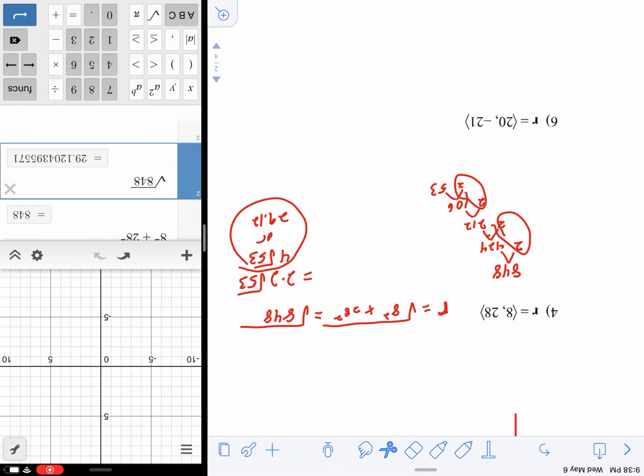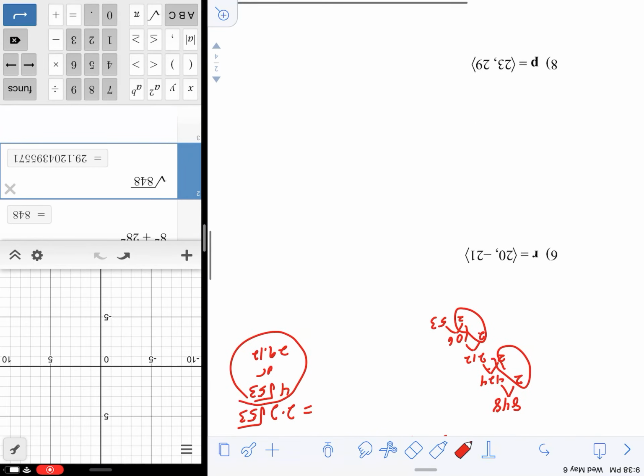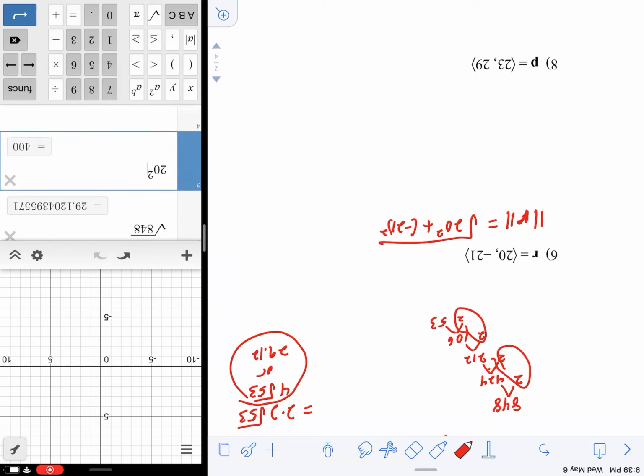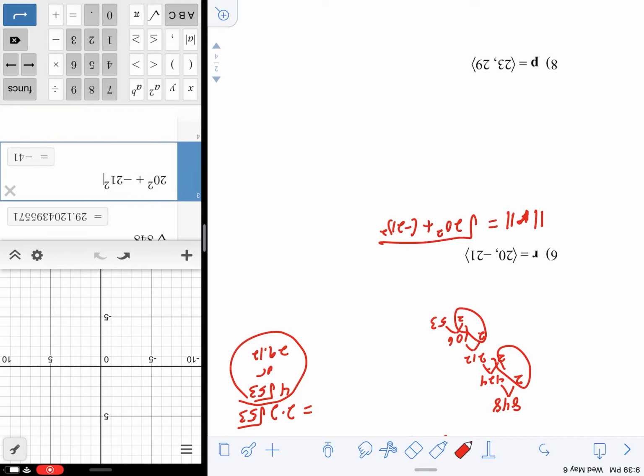Okay, number 6. So the magnitude of bold R is the square root of 20 squared plus negative 21 squared. Now make sure you put a negative in parentheses. If I do 20 squared plus negative 21 squared without parentheses, I get a negative number, and then you can't square root a negative, that's imaginary.